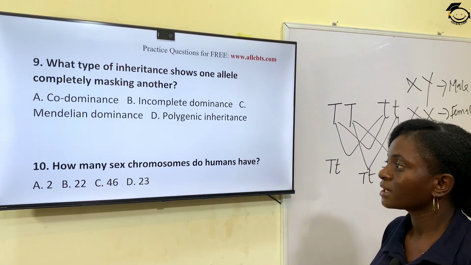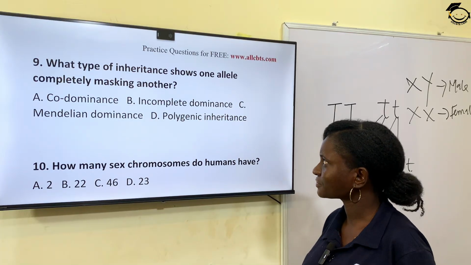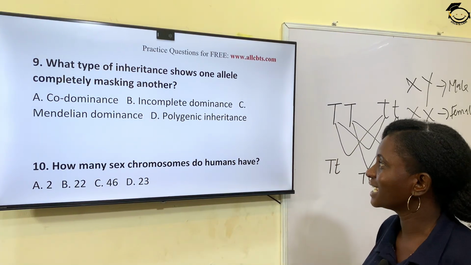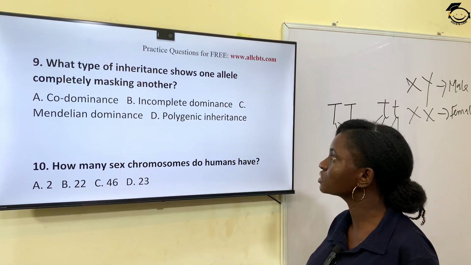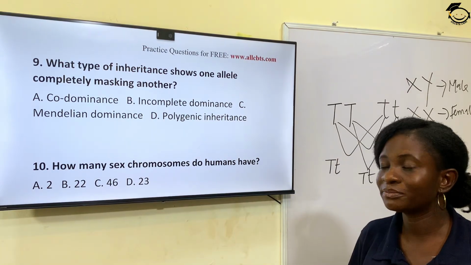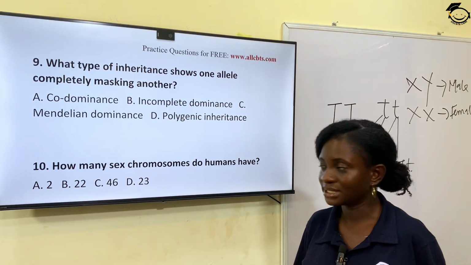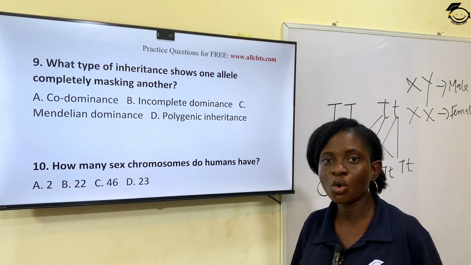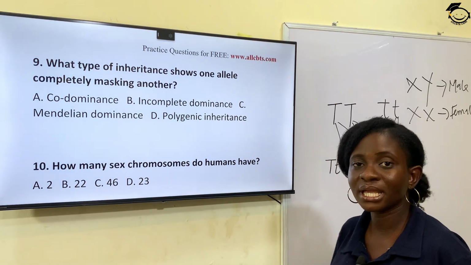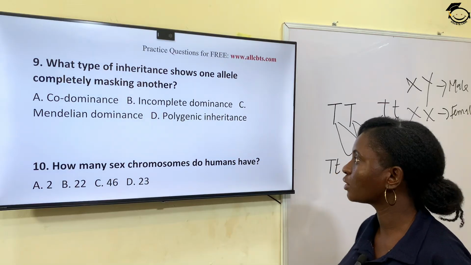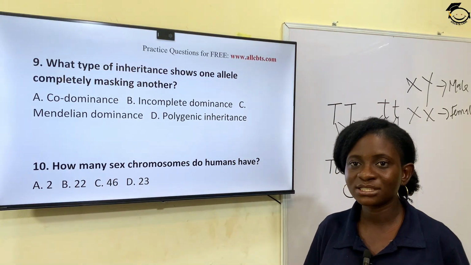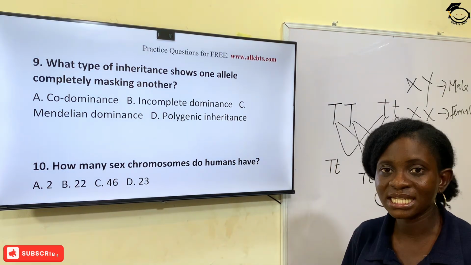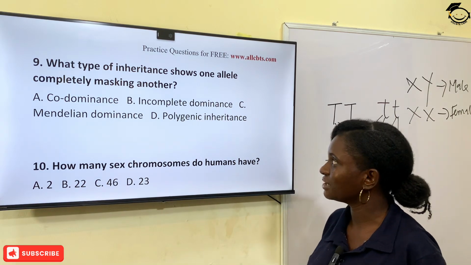Option C. Question 9. What type of inheritance shows one allele completely masking another? Option A, codominance. Option B, incomplete dominance. Option C, Mendelian dominance. Option D, polygenic inheritance.